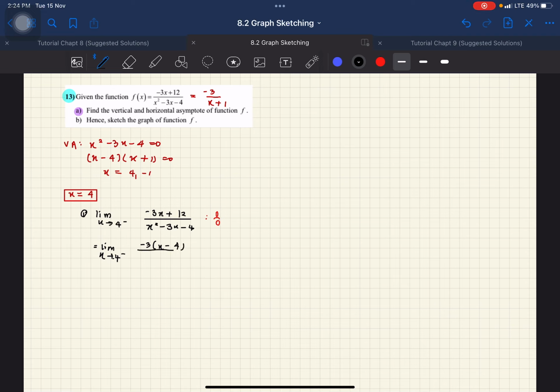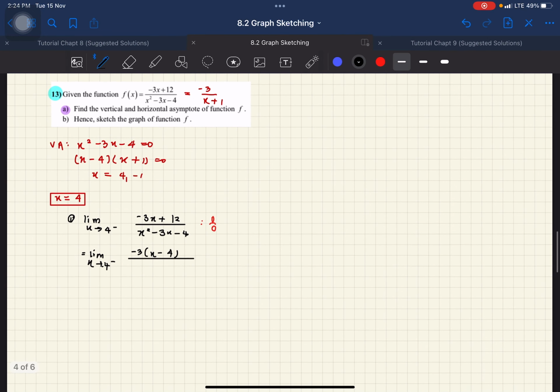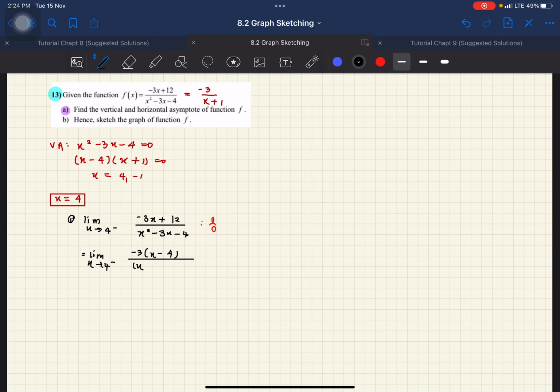The denominator is the same as before when I found the vertical asymptote: x minus 4 times x plus 1.